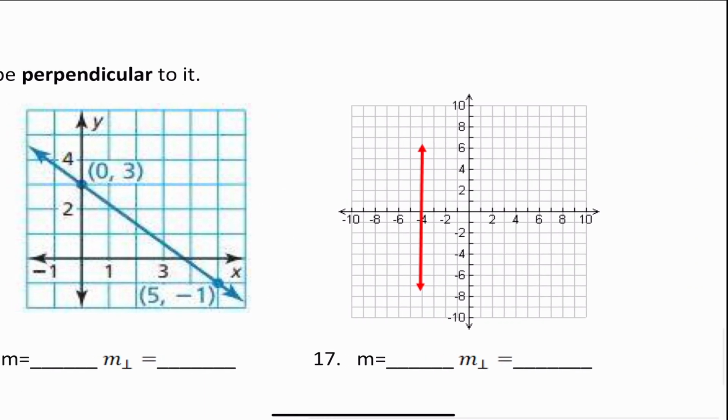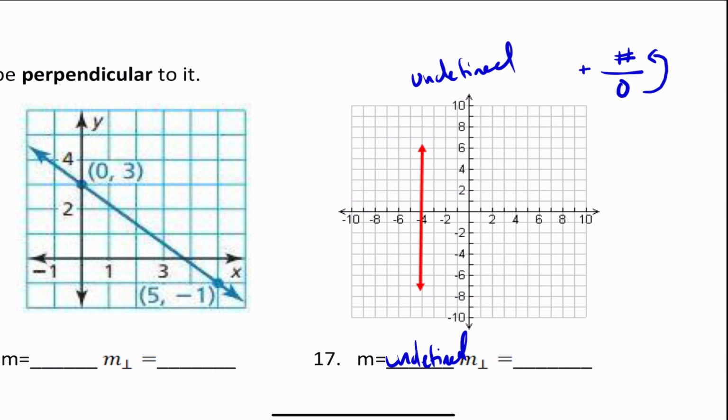So we can see that this line is undefined, right? So the slope of this, I don't know why I wrote it over there, but we can put it over here. So that's undefined. We know that undefined has a 0 in the denominator and a number in the numerator. What is the perpendicular of that? Well, we have to change the sign.